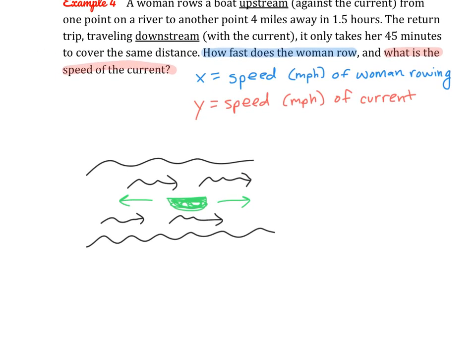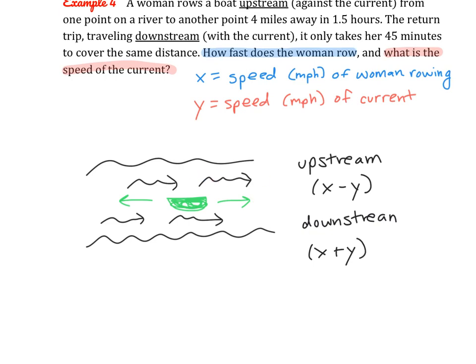So again, to reiterate, going upstream, your overall speed is going to be x, how fast you're rowing, but minus the speed of the current, because the current is kind of working against you. So it will affect your overall speed. But if you're going downstream, your overall speed will be the speed that you're rowing plus the speed of the current, because it's making you go a little bit faster. It's kind of assisting you along the way.